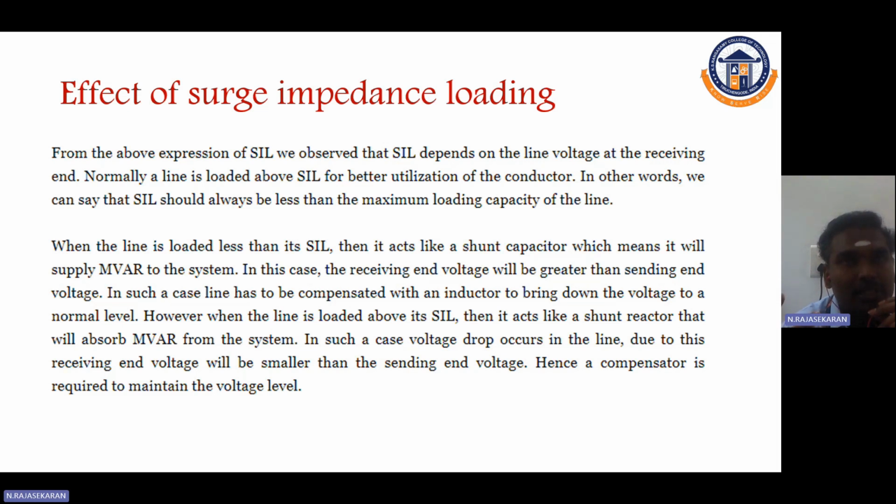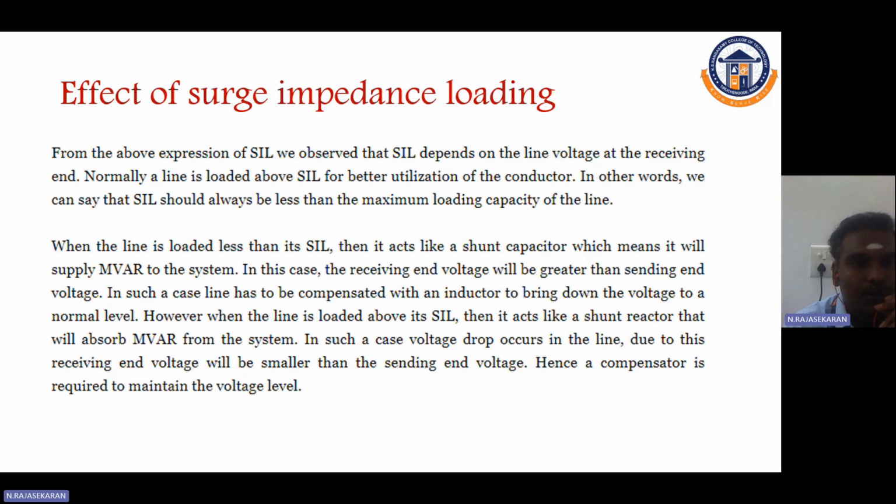Then there is a need of compensation. We have to balance our voltage, so we activate the series inductor. The series inductor absorbs the more MVAR in the system and brings the system to normal. This happens when the line is loaded lesser than surge impedance loading.